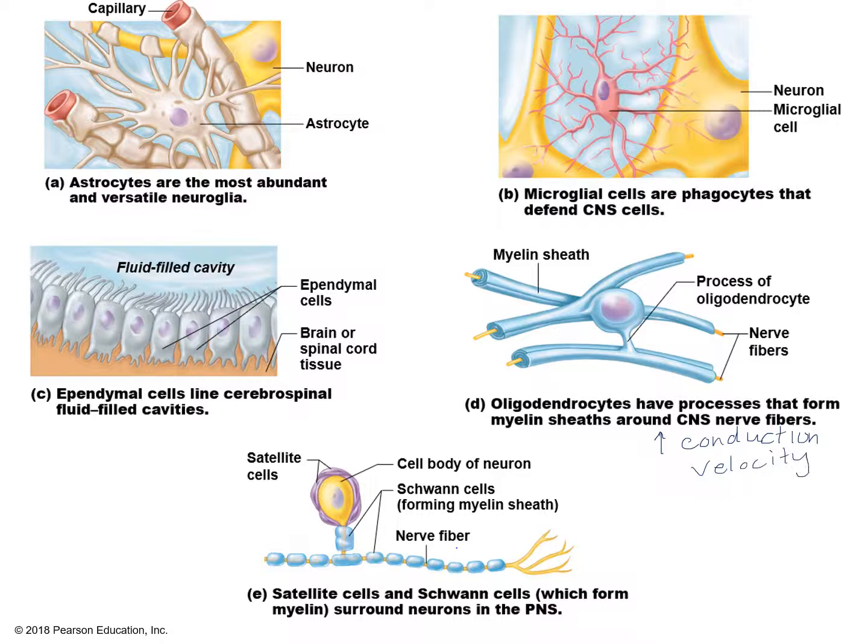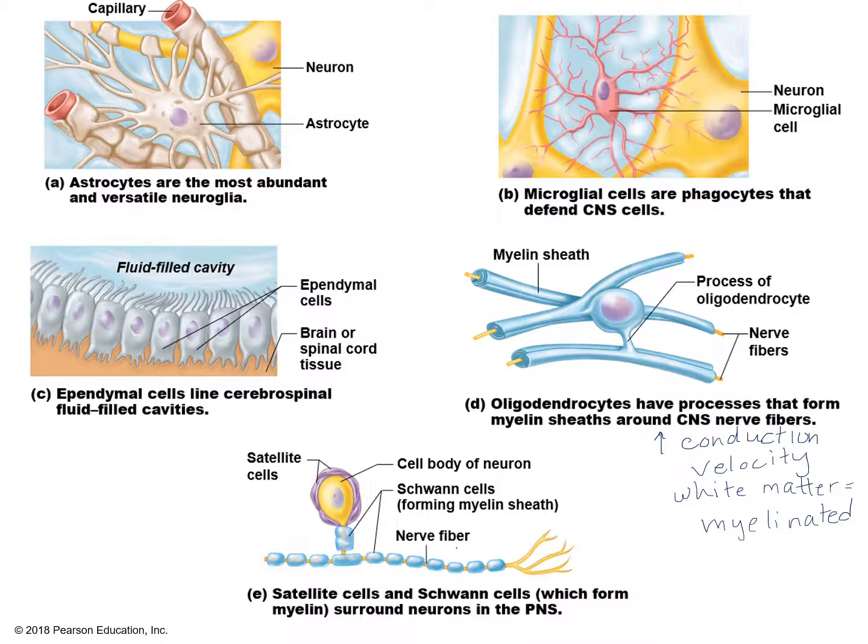And remember that white matter within the brain and spinal cord is going to be myelinated. That means it's going to have these oligodendrocytes on the axons, and that helps to insulate the fibers, helps to conduct action potentials more swiftly.